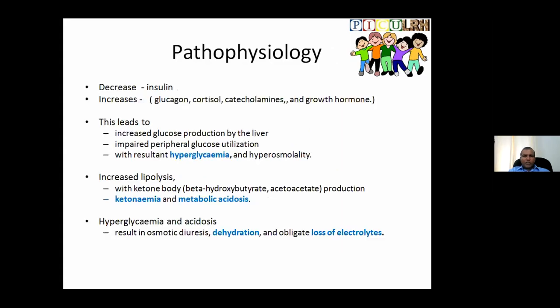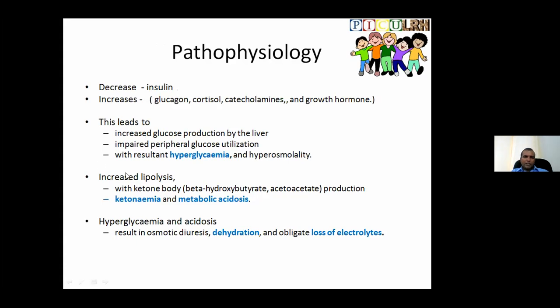Pathophysiology, I'm not going to go into detail. Basically, it is lack of or decrease in insulin. Because of lack of insulin, the counter-regulatory hormones are increased, and this leads to increased glucose production by the liver, causing hyperglycemia.